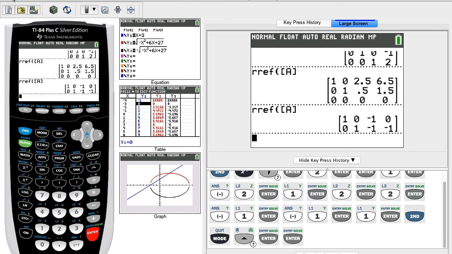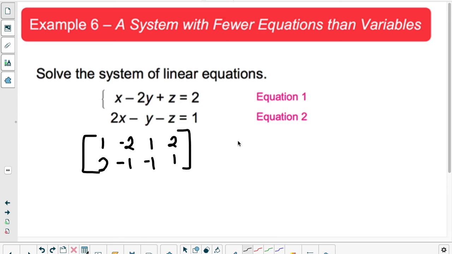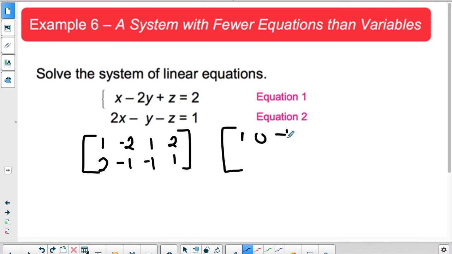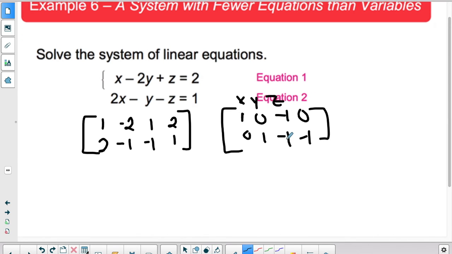So let's go back to our page here. So the matrix that they gave us when we simplified it here was 1, 0, negative 1, 0, and 0, 1, negative 1, negative 1. So again, we have x, y, z, and then what it's equal to.